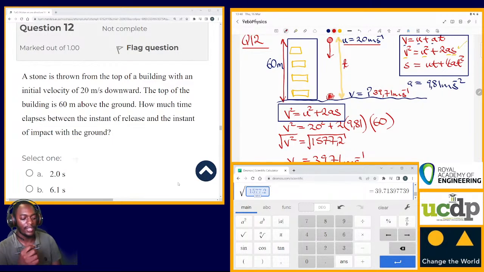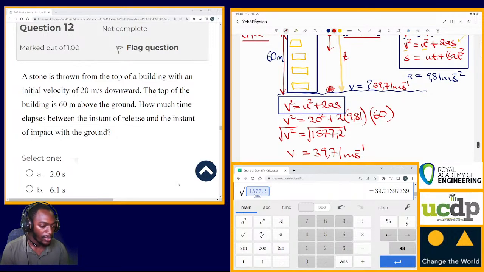So this is consistent with the analysis that we've made: we expect this stone to accelerate since it's thrown vertically downwards, and due to the gravitational pull, it will experience an acceleration.